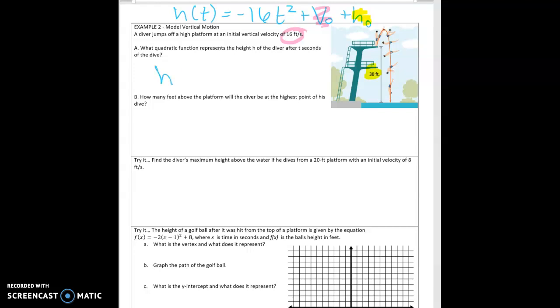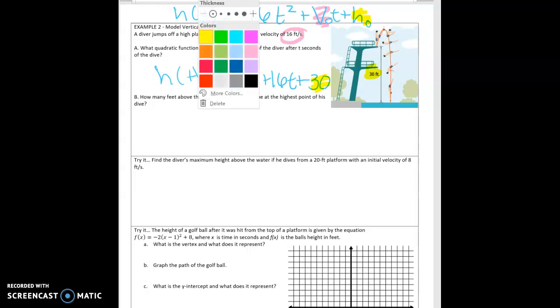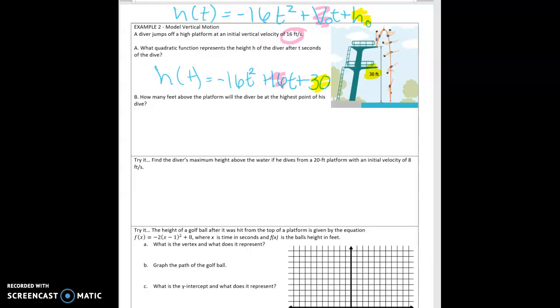So we have h of t equals negative 16 times t squared plus 16 times t, whoops, I forgot the t up there, plus our initial height, which was 30. So again, this came from there, and this came from there. So now that we have that, we can go ahead and go to the next one.